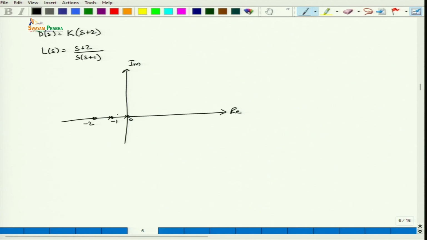So there are two poles, one 0, and n minus m is equal to 1. So basically there will be one asymptote. So one branch goes to infinity, the other goes to 0.